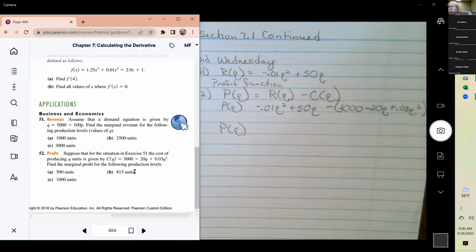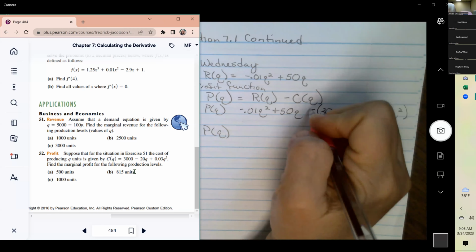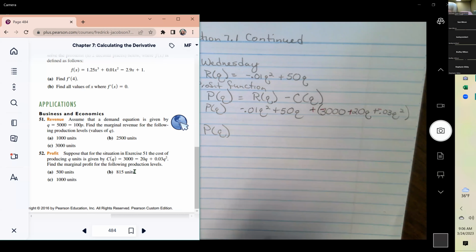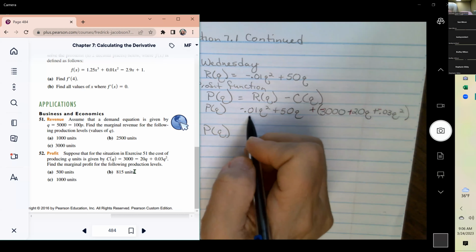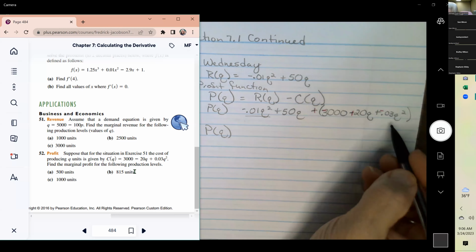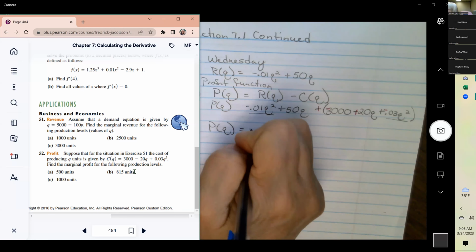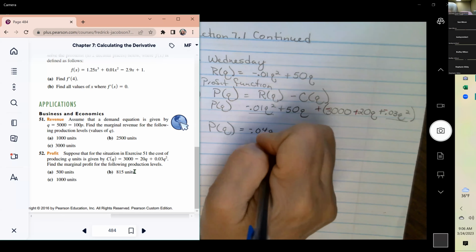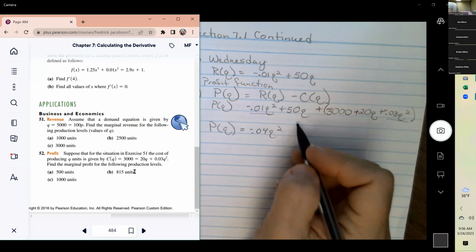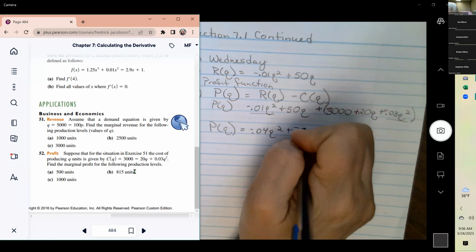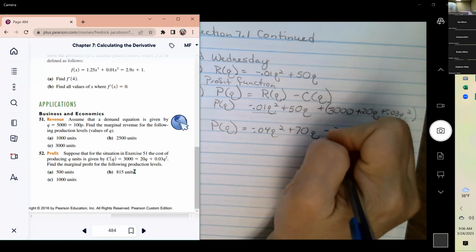What you could do if you don't want to rewrite it, you make this a positive and then you change your signs. Combining like terms, the q squared and the q squared, they're both negative, negative 0.04 q squared. 50q and 20 is 70q, minus the 3,000.